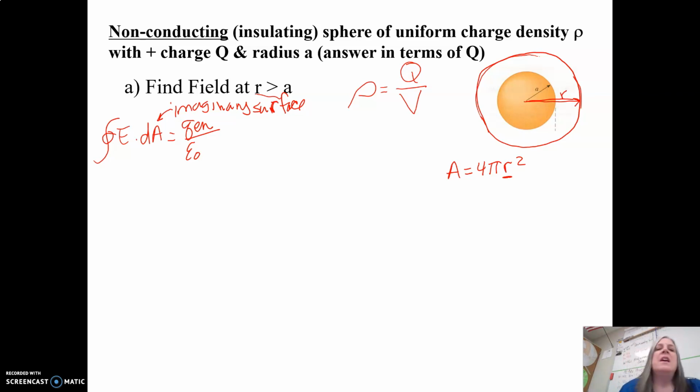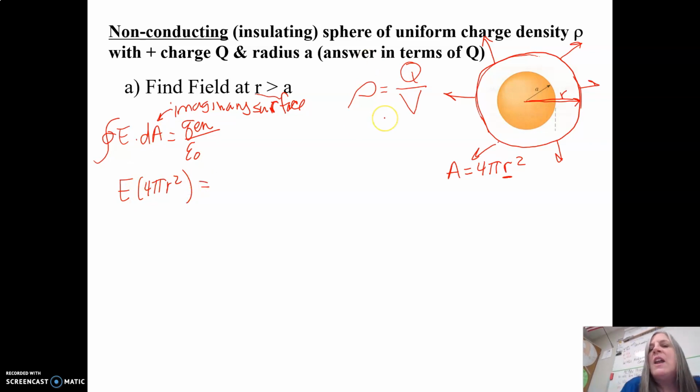But if we are outside, as long as we're symmetric, our electric field is going to be uniform because we're at a constant distance away, and so that's just going to be E. The area of our imaginary surface is 4 pi r squared.